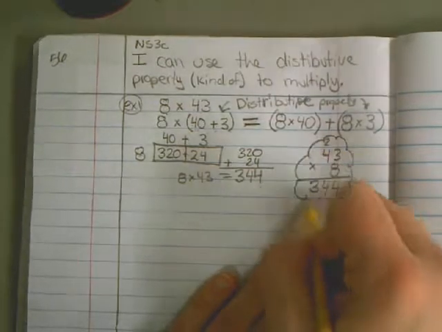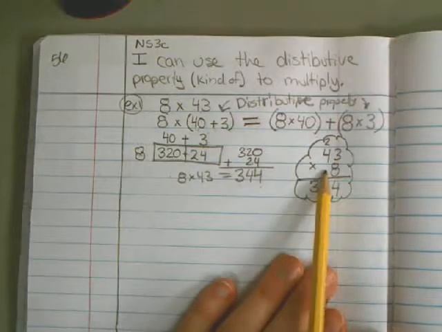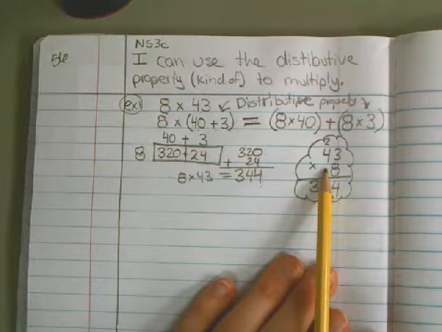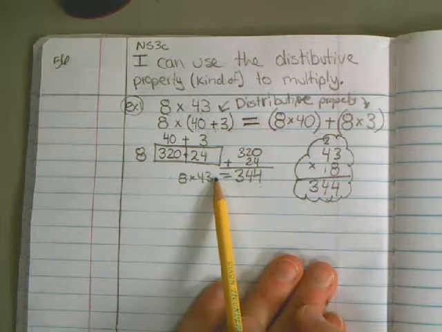Yes? Okay? This is called the algorithm, the standard algorithm. And that's just the standard way that we multiply. It's not the only way, though. Okay? This is also a valid way to multiply. It's called the distributive property. So we can definitely multiply like that.